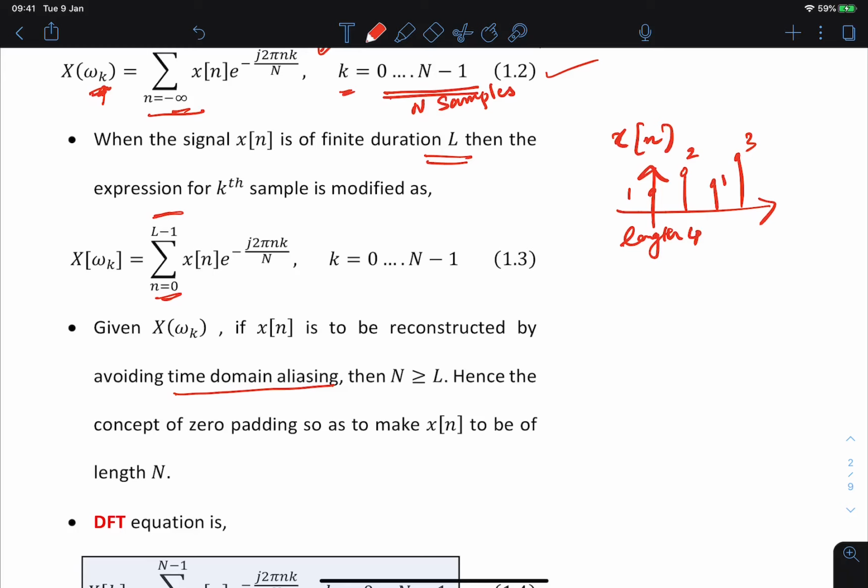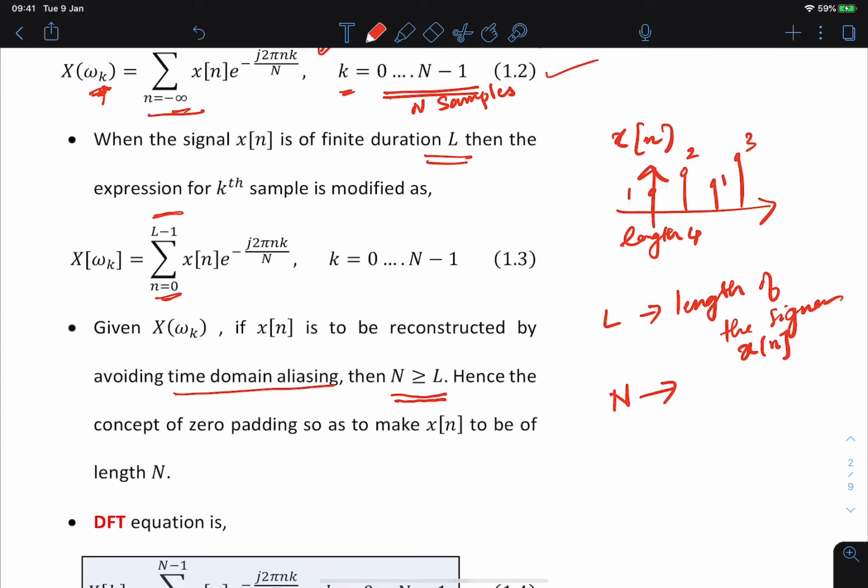There is an issue. If you don't select N greater than or equal to L, where L is the length of the actual signal x of n, and N is the FFT or DFT length, that is, the number of samples we take in the frequency domain. So we must always ensure that N is greater than or equal to L. This is an important point.